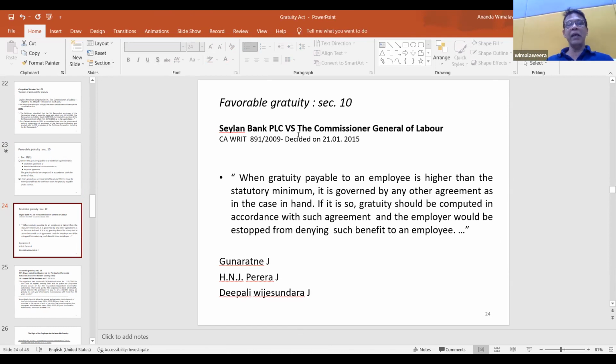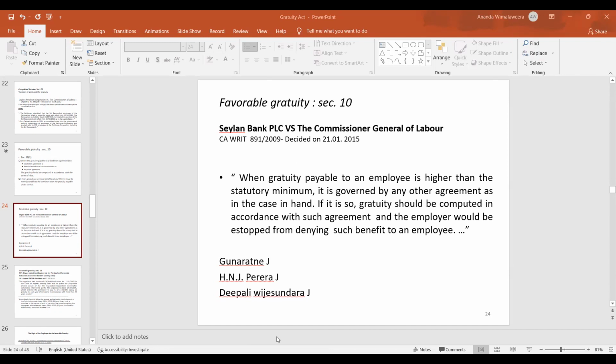Ceylon Bank PLC versus the Commissioner of Labor, CA, writ, 891 stroke 2009.